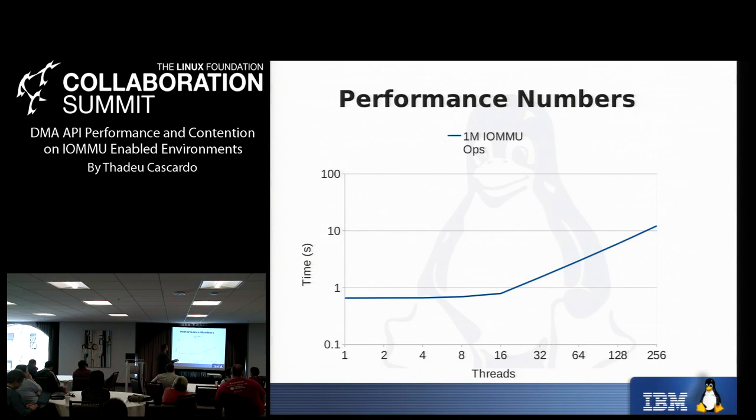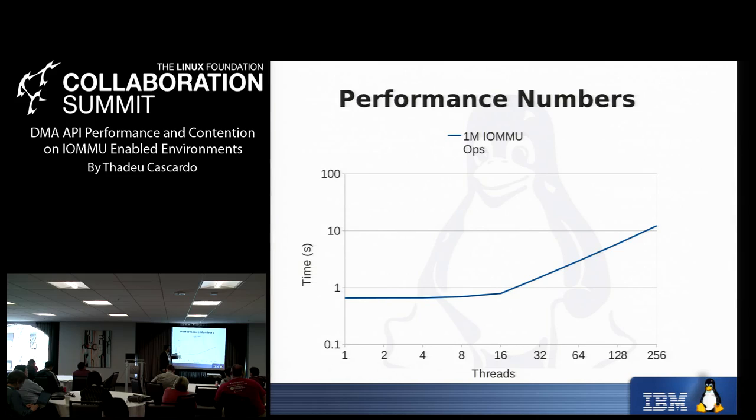I'm not doing any access to the real DMA API here. I'm just calling the insert entry into the table and remove the entry from the table. And I just added an address for every iteration.